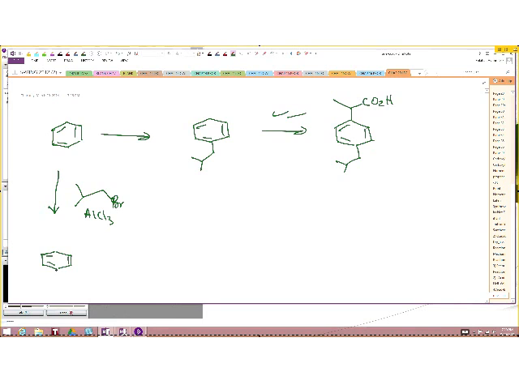So essentially what alkylation will give you will be this. If you recall, when we did Friedel-Crafts alkylation, the first thing that you get here will be this here.